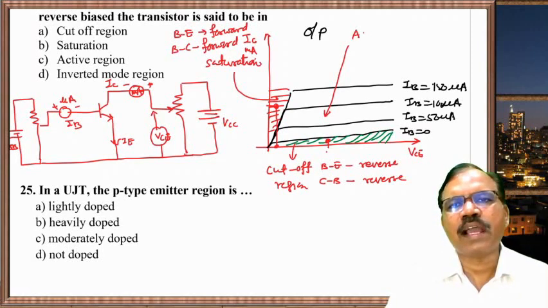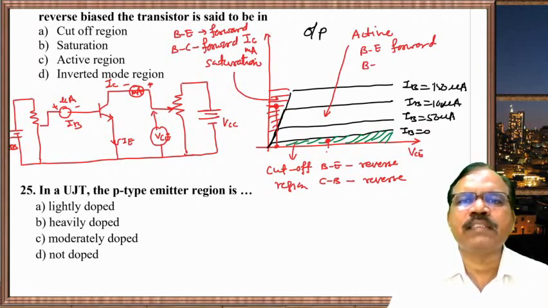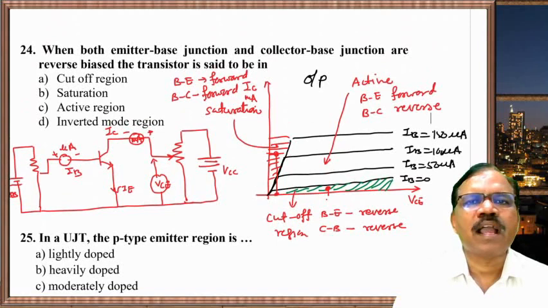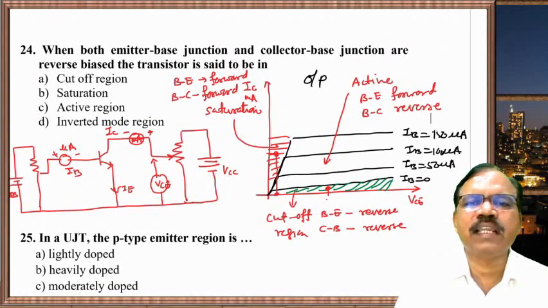This is called the active region, and in the active region BE, the base-emitter junction, is forward biased and BC, the base-collector junction, is reverse biased. So in our question, when both the emitter-base junction and collector-base junction are reverse biased, the transistor is said to be in the cutoff region.